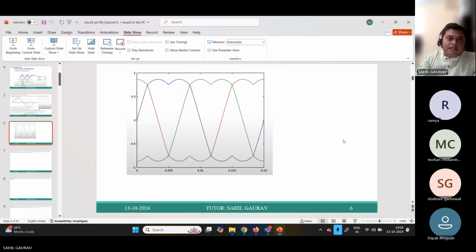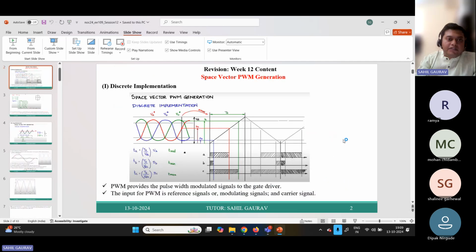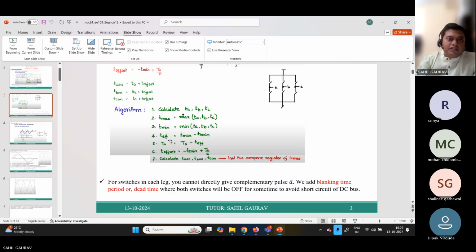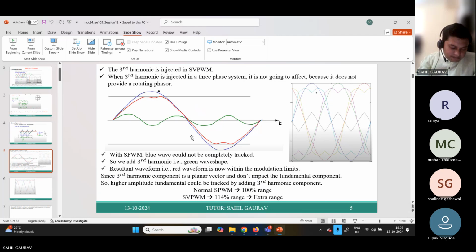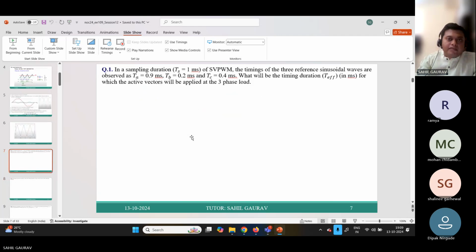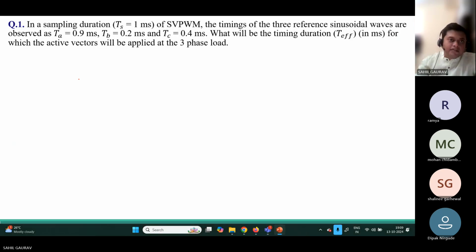T effective is this one, T max minus T min. T effective is the timing duration for which the active vectors will be applied for 3-phase load. So it is T max minus T min.